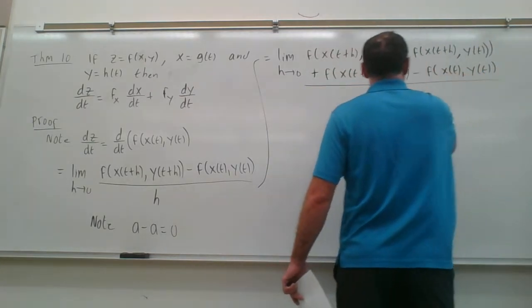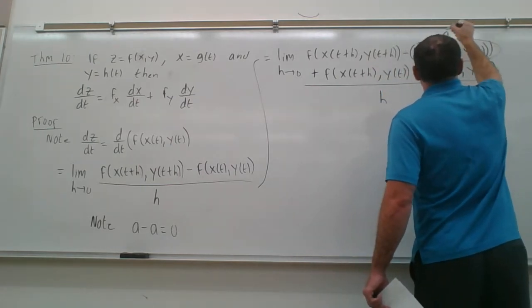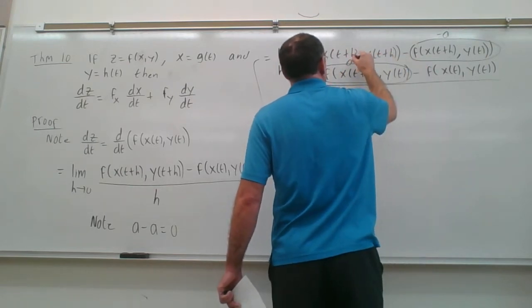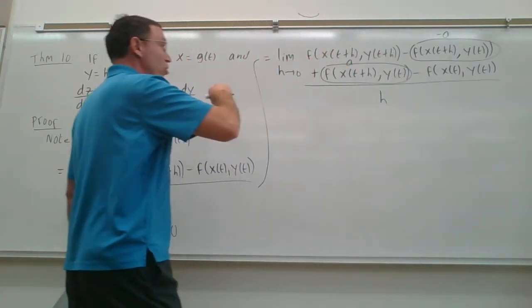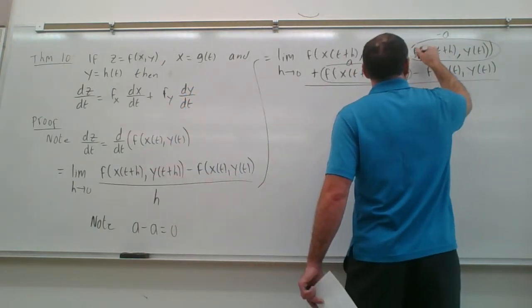So this is like my minus a here, and this is my plus a here. So we just added and subtracted a, and this whole thing is a minus a.